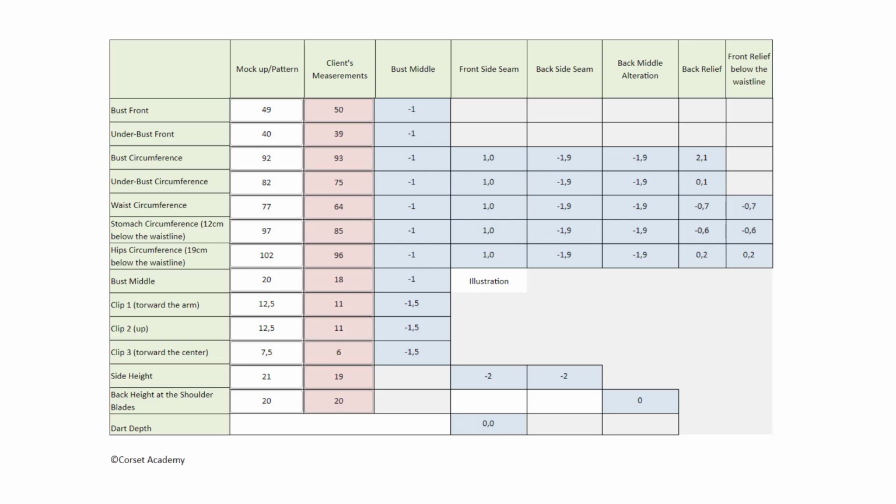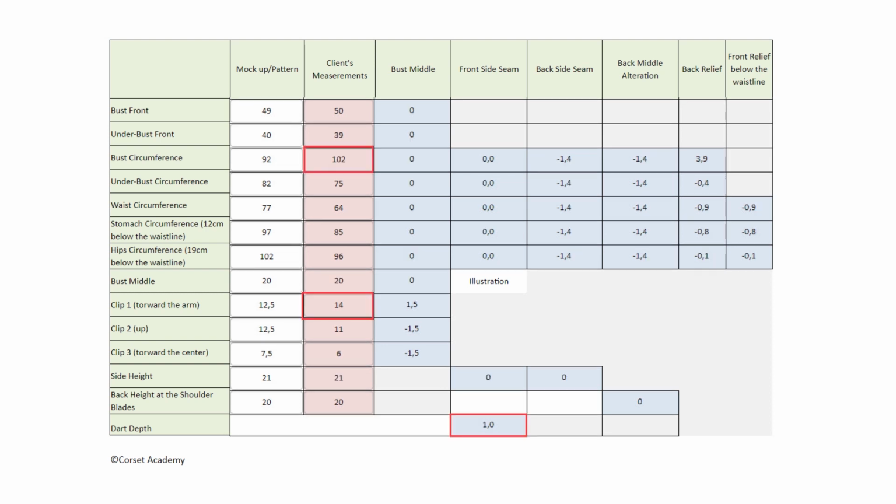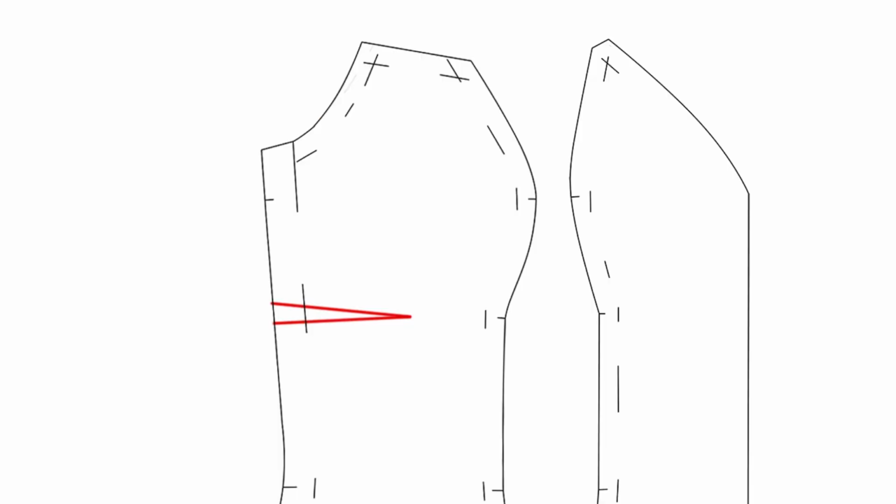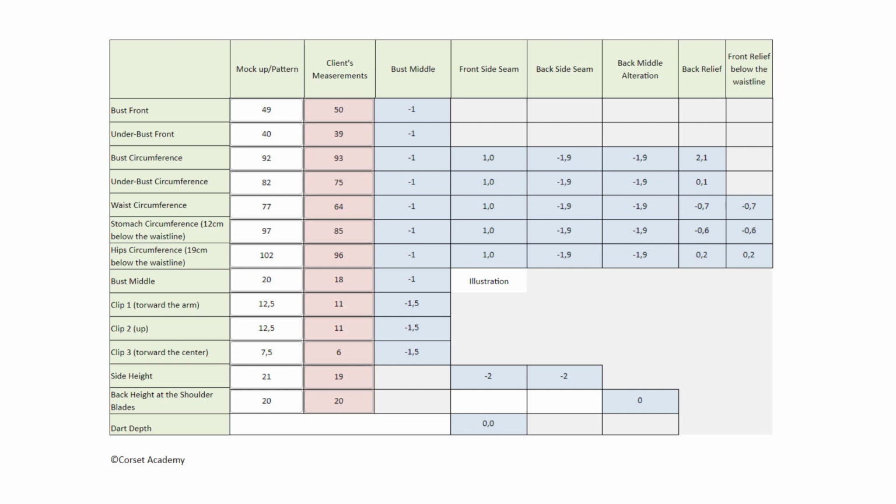The pattern alteration review would not be complete if we didn't touch upon the case of a large bust size. Without going into details, I'll only tell you about the principle of the appearance of an under-bust dart and how it affects the height of the side seam.